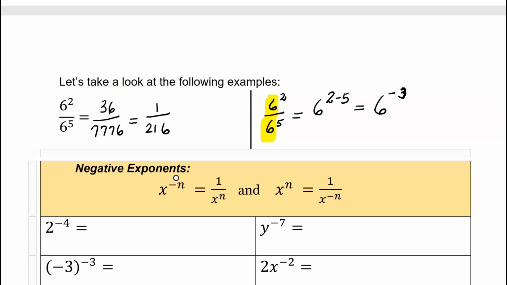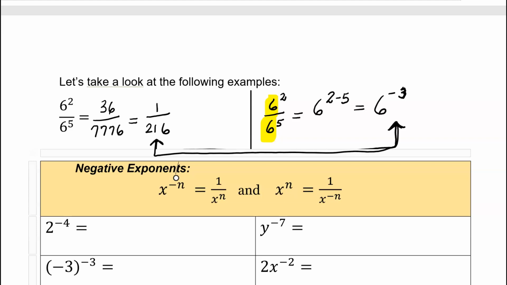Now, we basically just worked this problem out in another way, but notice our answers do not look alike. So, are we saying that 6 to the negative 3 is 1 over 216? Is it the same?